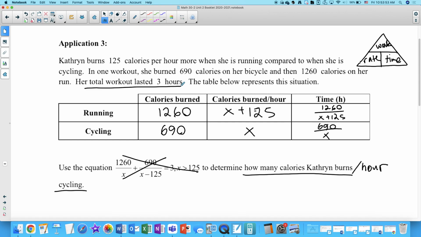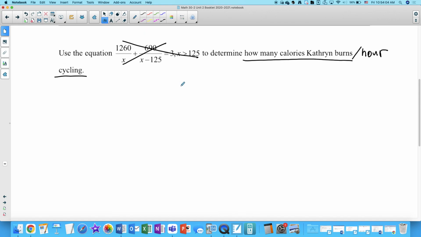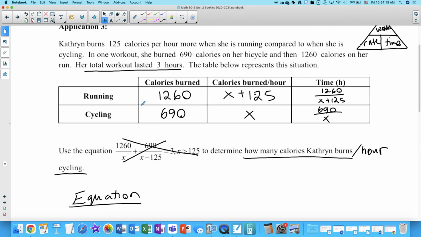Well, her time has been broken down into 2 pieces. The running piece plus the cycling piece. To get the total, we need to add those up. So the equation will be running time plus cycling time equals 3 hours.